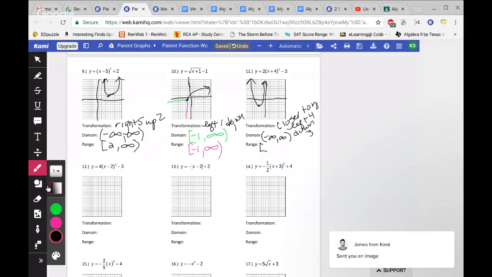It is negative 3 to infinity. Because if you're thinking about it, your y goes like this. They start here and go on forever and ever. Does that make sense? Mm-hmm. Okay.